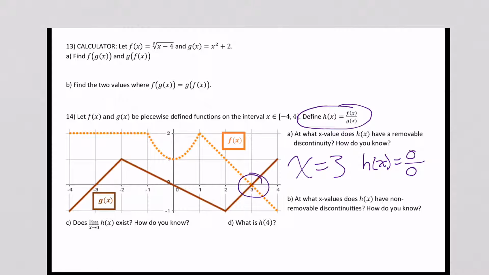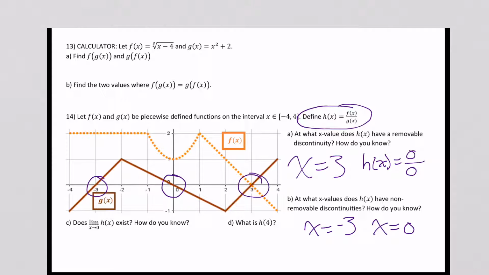That's when we get vertical asymptotes, 0 on the bottom. So what is the bottom of our function? The bottom of our function is g of x, the brown function, and that has two spots where it's equal to 0, there and there. So both of those will give h of x vertical asymptotes, non-removable discontinuities. So x equals -3 and x equals 0.